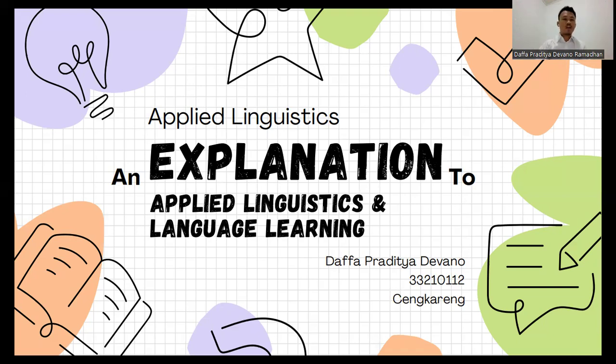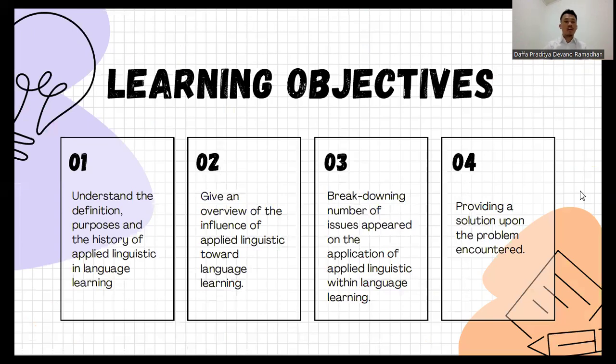So let's get started with this presentation. What will we discover on this topic? There are four learning objectives that I would like to explain a bit. First things first is to give you an understanding of the definitions, purposes, and history of applied linguistics and language learning.